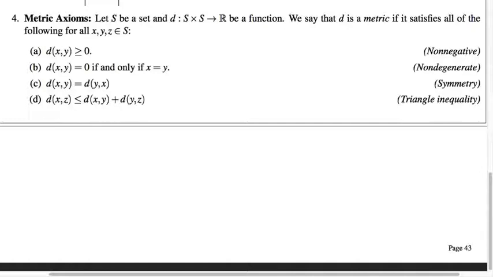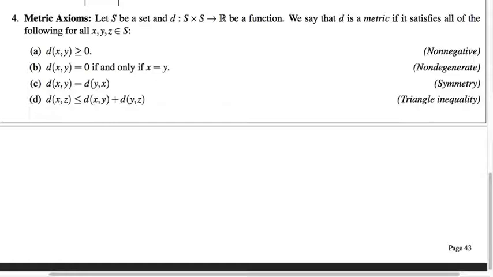That's the non-negativity property. The other thing that we need distance to do is we need distance to also be able to tell us when 2 elements are in fact the same element. What should the distance between one element and itself be? 0. And so that's the second of our metric axioms, right? That the distance between any element of it and itself is always 0, but then furthermore, the converse is also true.